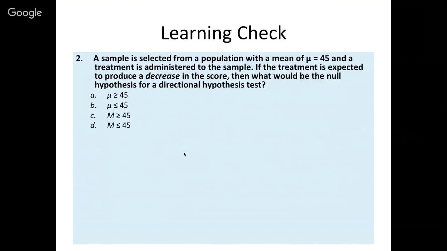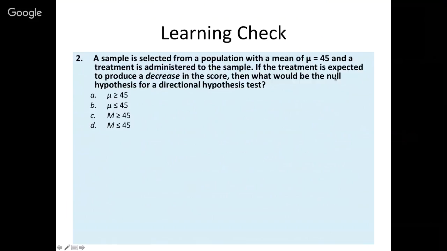Okay, next question. A sample is selected from a population with mu equals 45, and a treatment is administered to the sample. Here we have the keyword decrease, a decrease in score. Decrease means a directional hypothesis test, one-tailed.